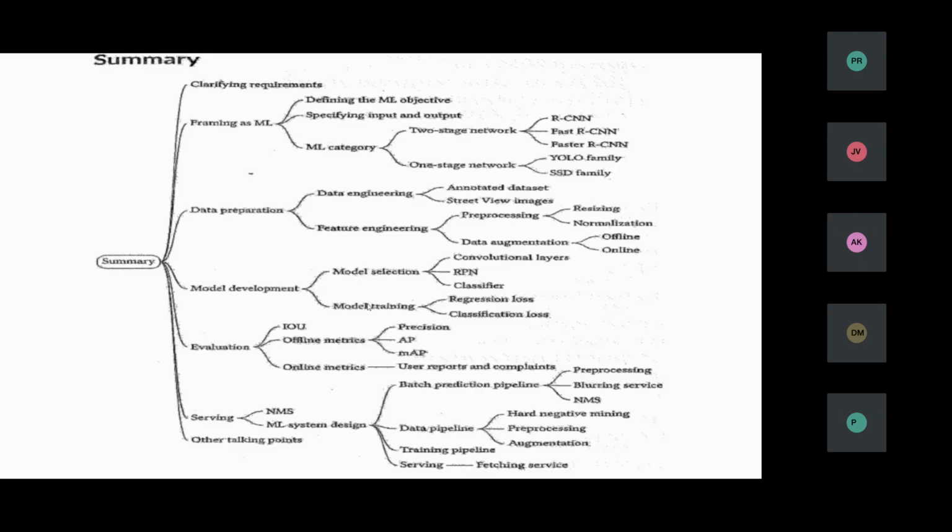Then we decided the category of two-stage as well as one-stage, where RCNN, the region-based convolutional neural network, Fast RCNN and Faster RCNN are examples of a two-stage network. In one-stage networks, we discussed YOLO as well as SSD being examples of one-stage networks. YOLO being You Only Look Once, and SSD meaning Single Shot Detector.